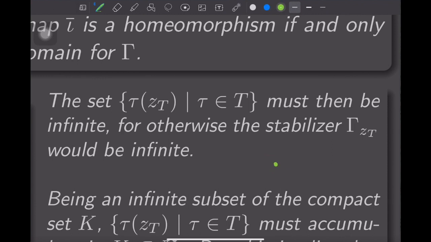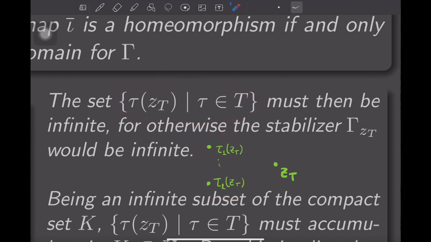I have Z T, and then I have all these images under the elements of T. If there were only finitely many, say tau 1 of Z T, etc., up to tau L of Z T, and let's say this is the whole set.